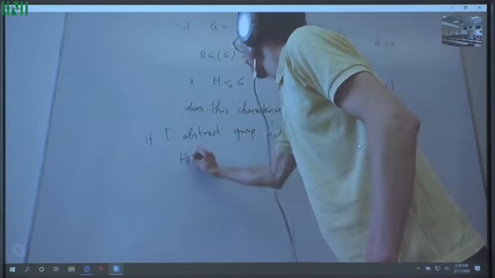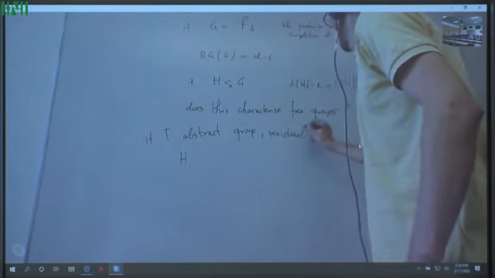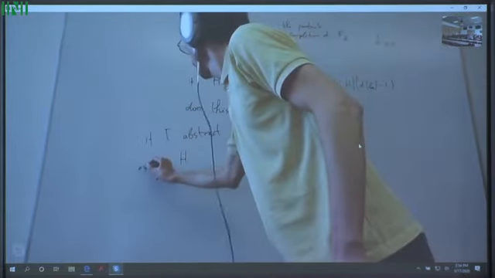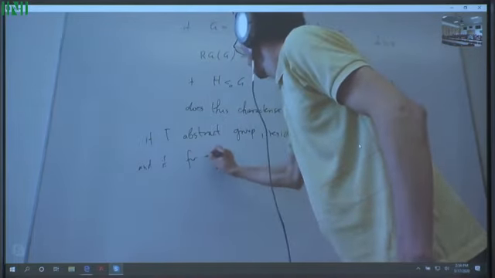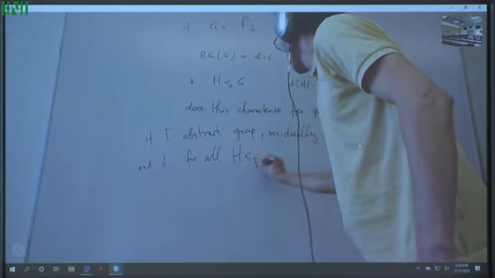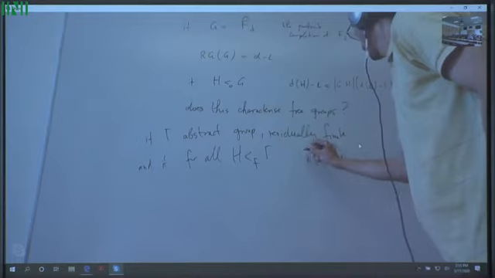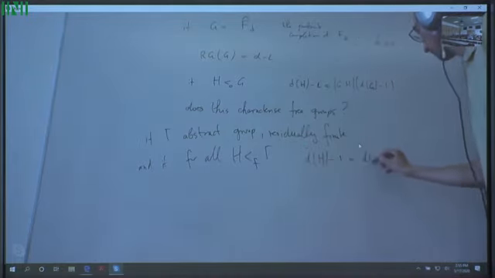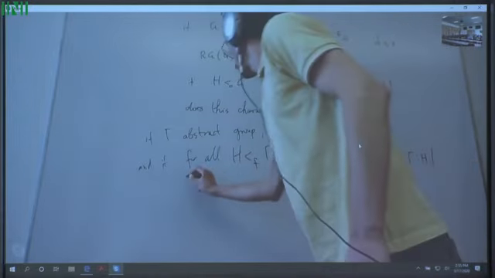We need a residually finite group, and if for all H subgroups of finite index in gamma, the number of generators of H minus 1 is multiplicative, that is, the number of generators of gamma minus 1 times the index, then gamma is free.